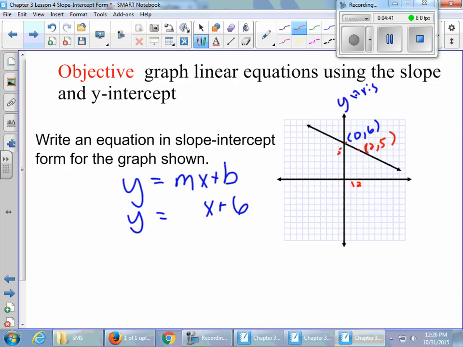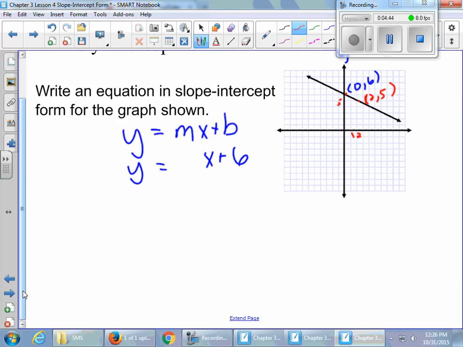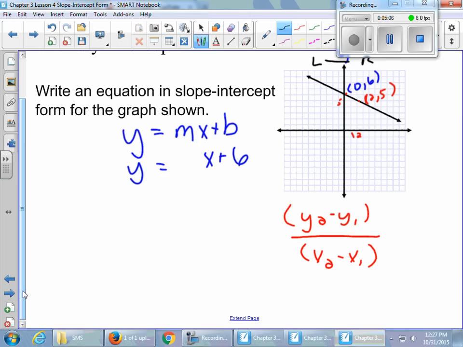Now going back to our slope formula, we have y2 minus y1 over x2 minus x1. As always, I like to label our points so we can just plug in. Remember, we always go from left to right. Our first point is (0, 6), so 0 is our x1 and 6 is our y1. On (2, 5), 2 is our x2 and 5 is our y2.